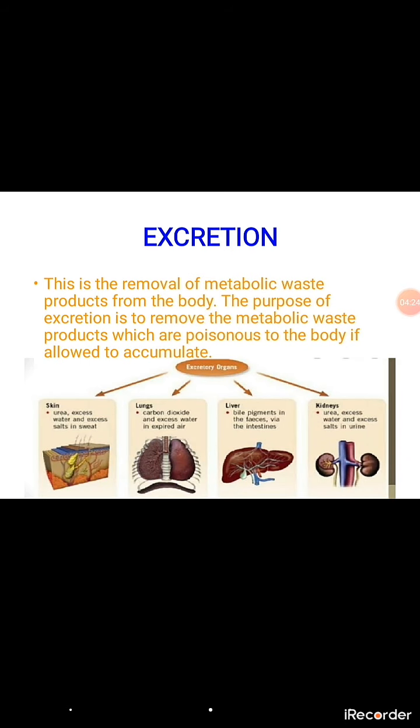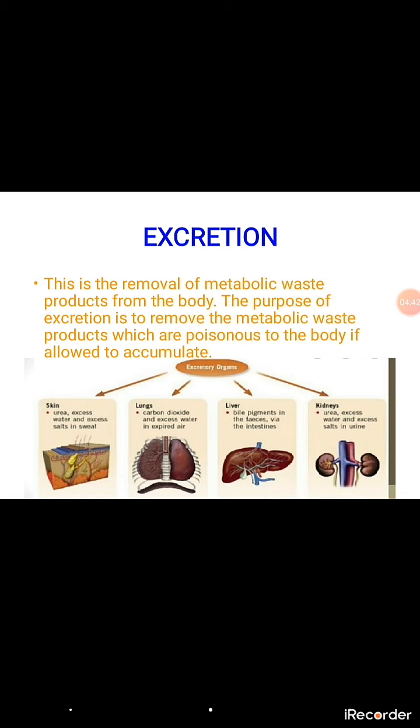Then let's talk about excretion. Excretion means removal of metabolic waste products from the body. That word metabolic is very important. Excretion is not just removal of undigested food, that is egestion.